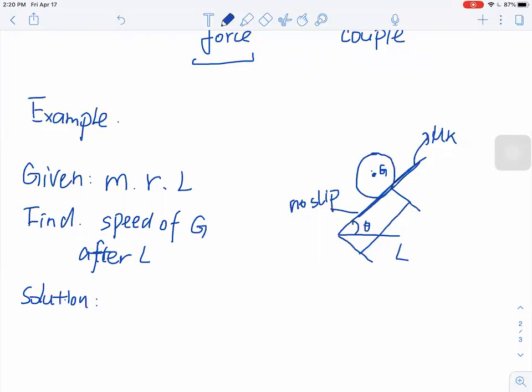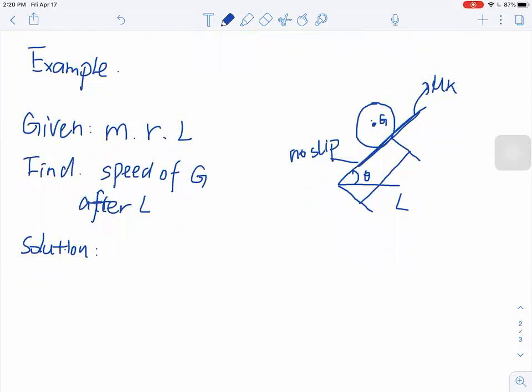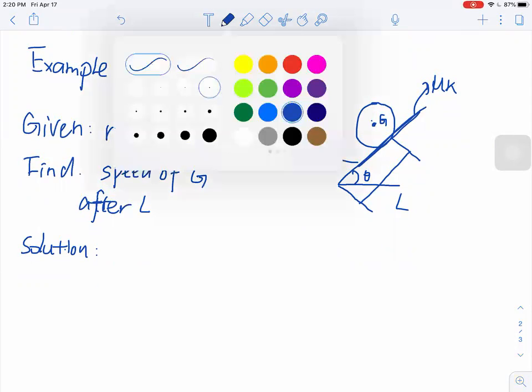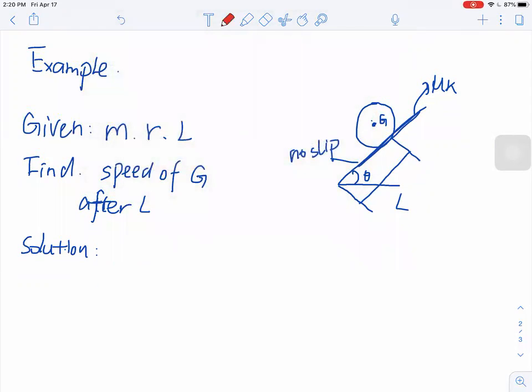Let's see how we can use the work energy equation to solve this problem. So let's first identify where is our position 1, position 2. Let's say this disk is released from rest. So here is the initial position, and the end position is going to be at the end of the slope. Let's call this position 2.